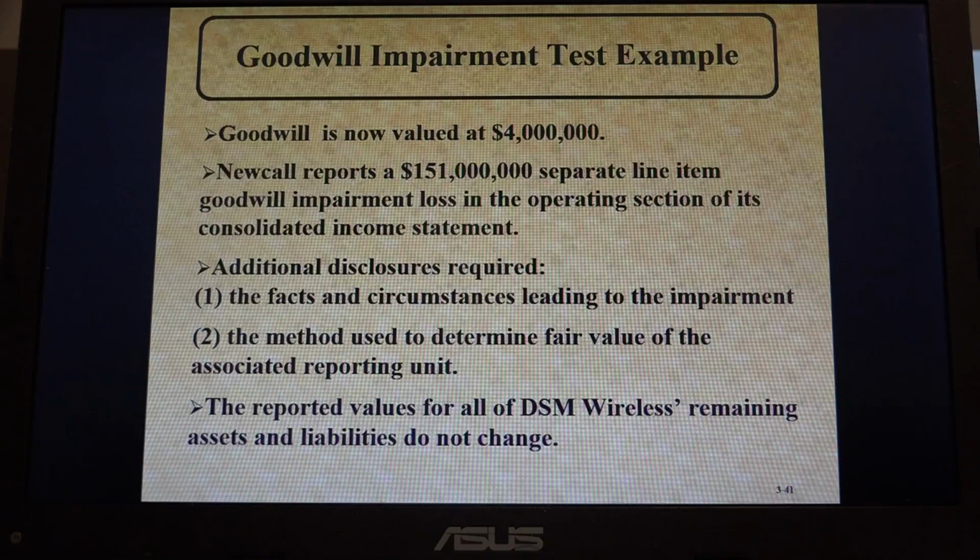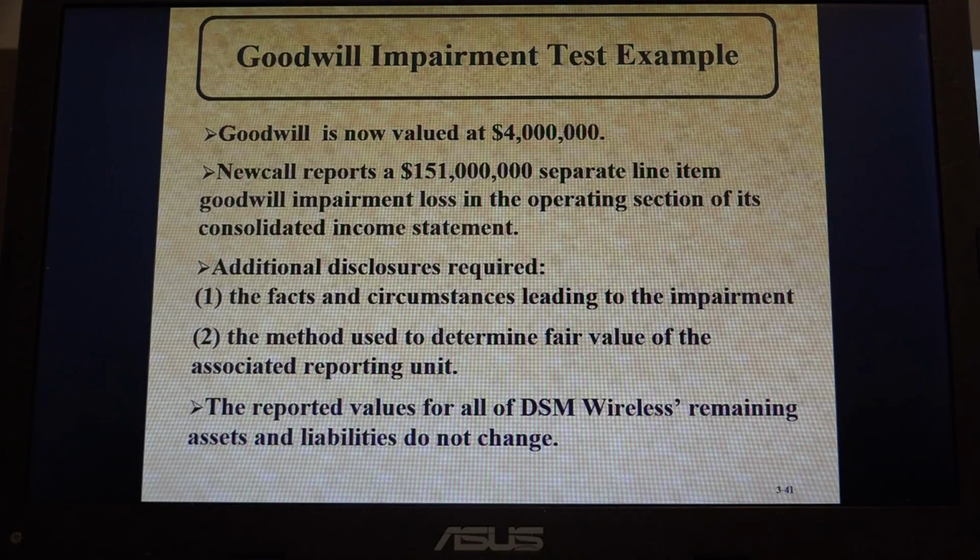The method that you use to determine the fair value of the associated reporting unit. And then you also have to report the values for all of this reporting unit's remaining assets and liabilities at no change.